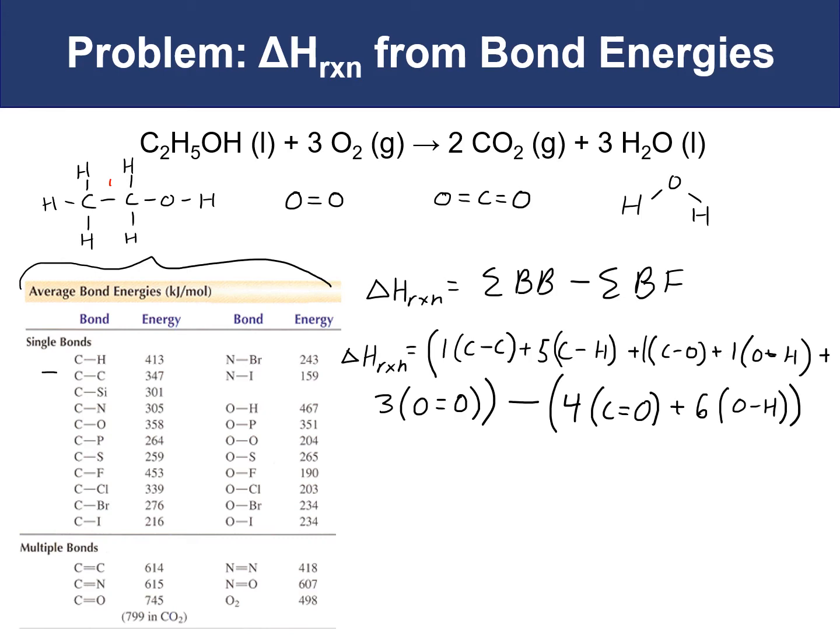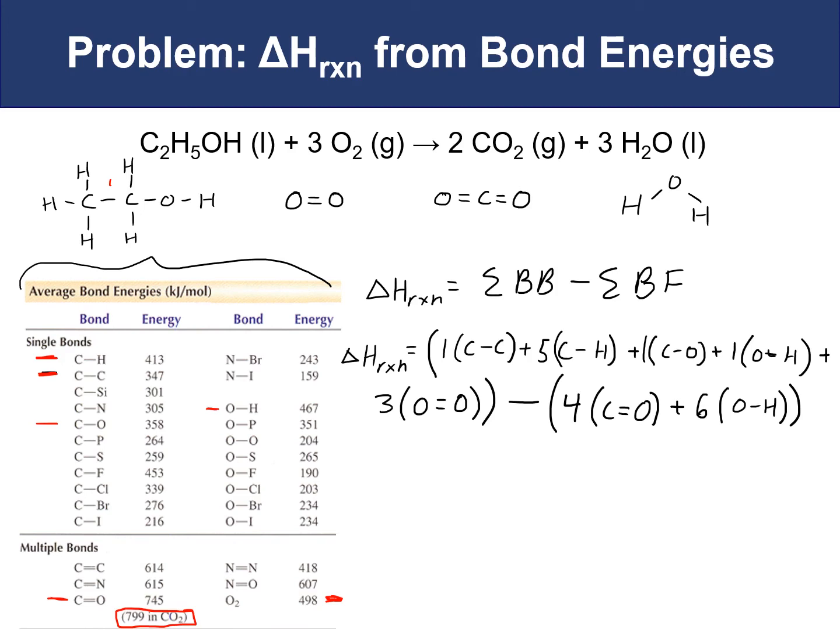Okay, so we can now figure out where all of our values are in the table. We have our carbon-carbon single bond, our carbon-hydrogen bond, a carbon-oxygen bond, and a carbon-oxygen double bond, but that is coming from CO2. So you see here, there is a very particular value if we're looking at CO2. We have our oxygen from the O2, and then we have our OH.